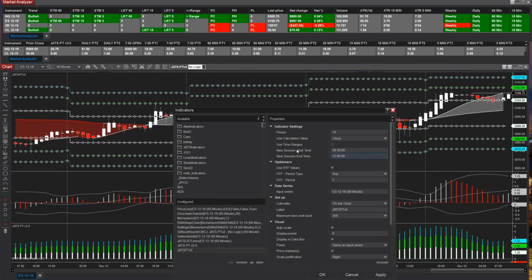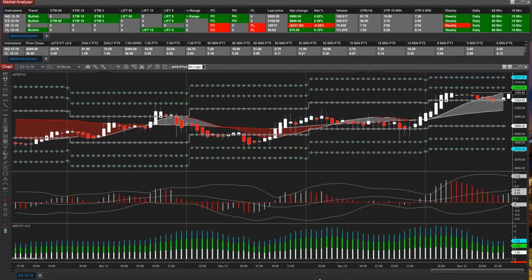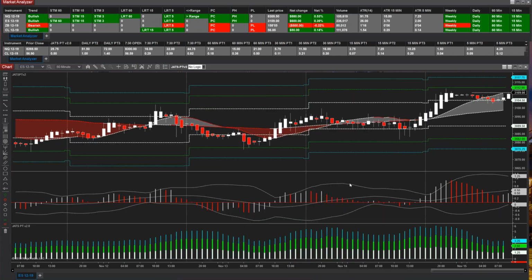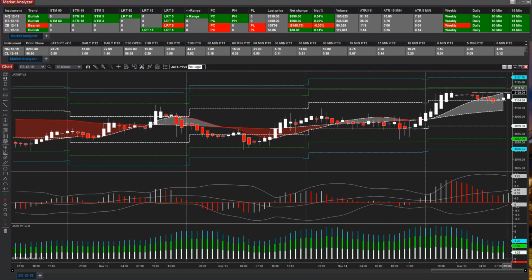So I'll put this on 1515 for my intraday time period, and that would give me a different target level than the daily target.